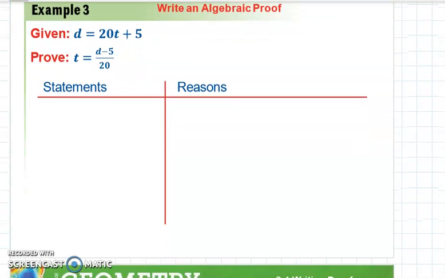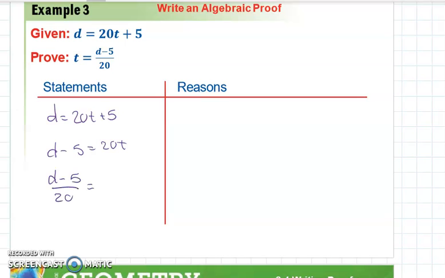To solve something like this, you're going to do the same thing. We're going to take away 5 from both sides. Then we're going to divide by 20. And then we're going to use one of the properties to do this, because there has to be a reason why you do every step.